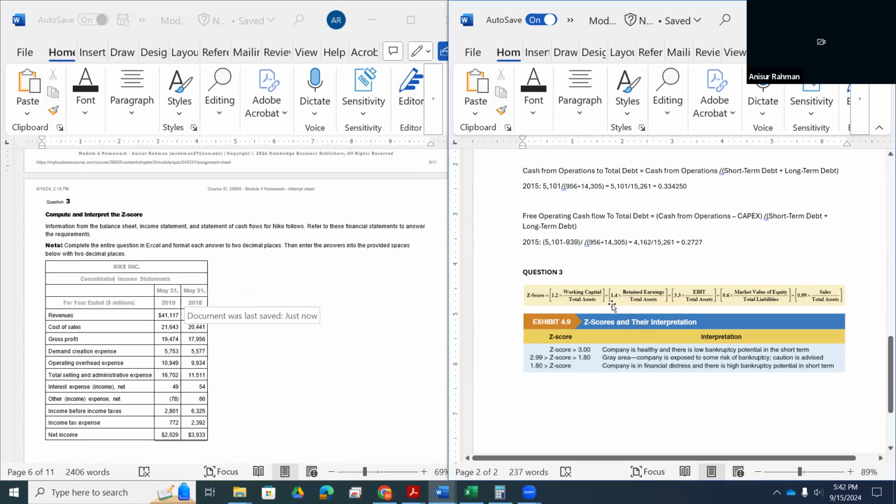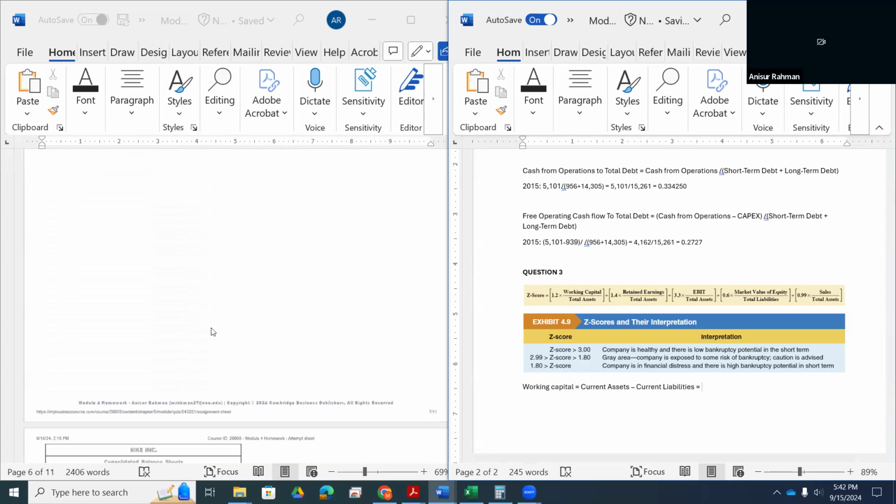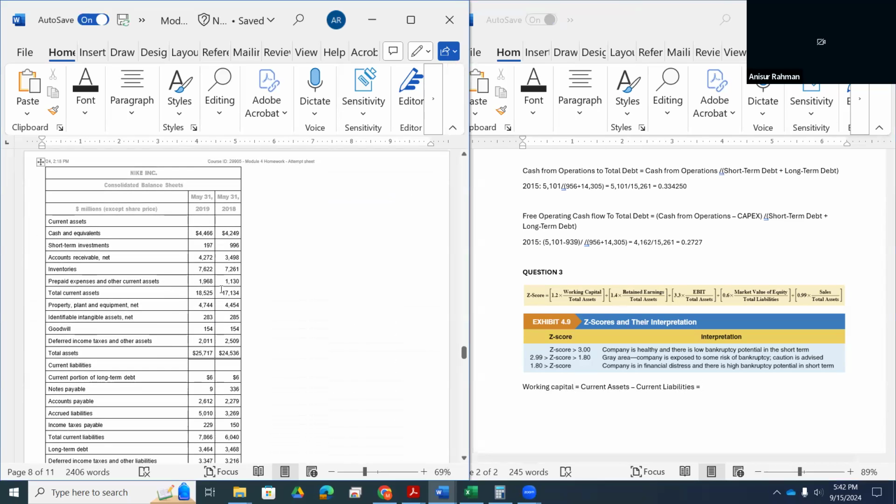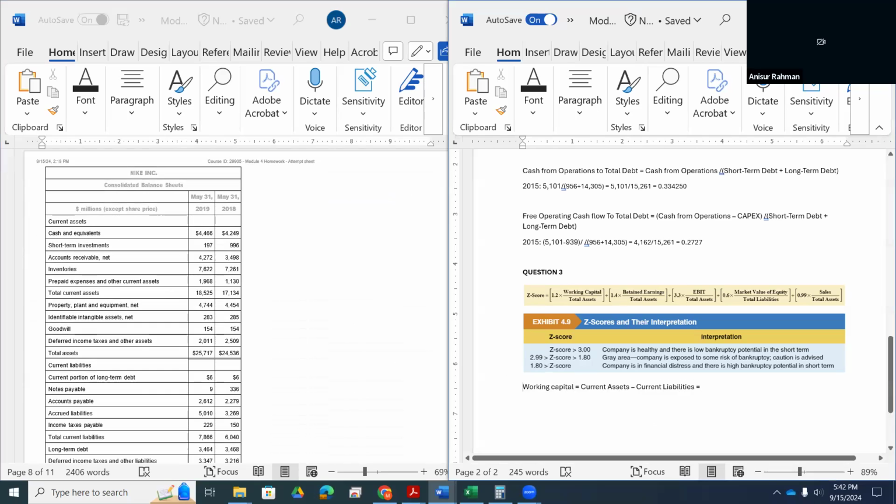So first we have to calculate working capital. So working capital is current assets minus current liabilities. So our current assets, I'll focus on 2018 for now.